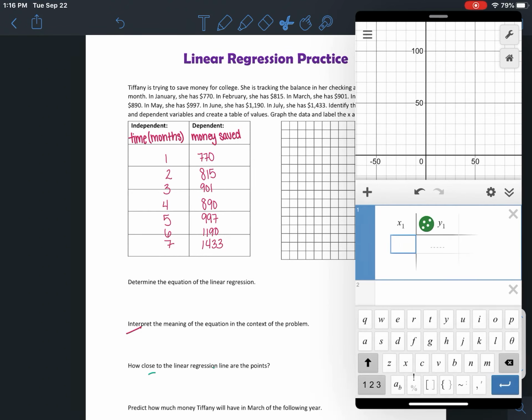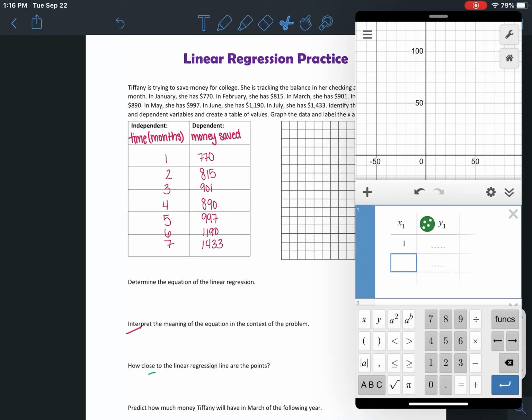So I go plus, table, I'll type in my X values. It was just 1, 2, 3, 4, 5, 6, and 7. And then money saved, we'll type all those in.